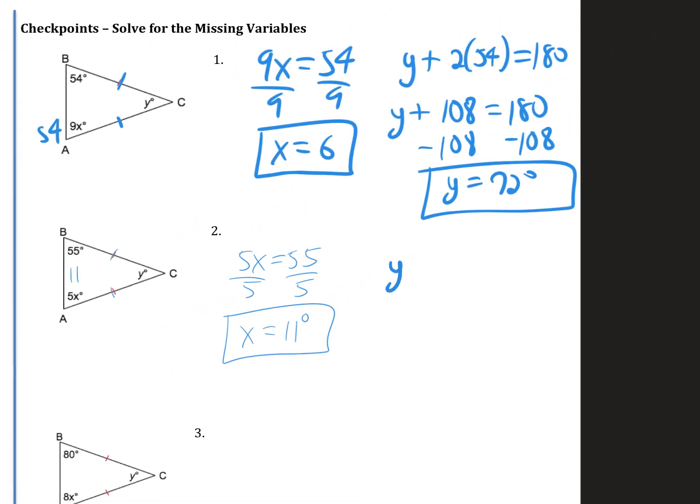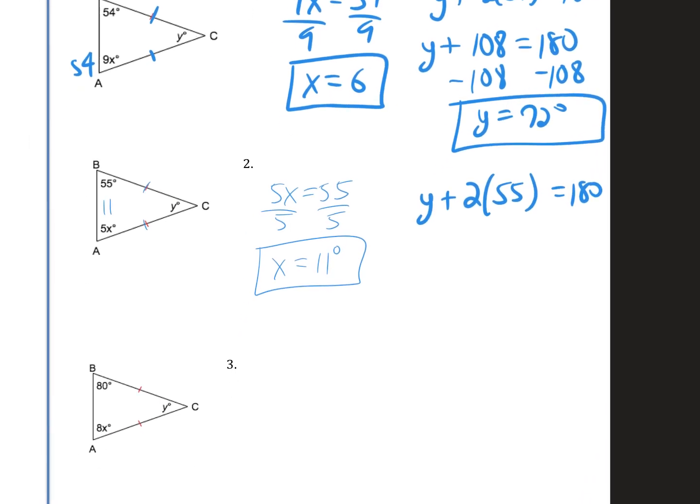Well, y plus the 2 base angles, which are 55, so y plus 2 times 55 equals 180. 55 times 2 is 110. Subtract 110. y equals 70.